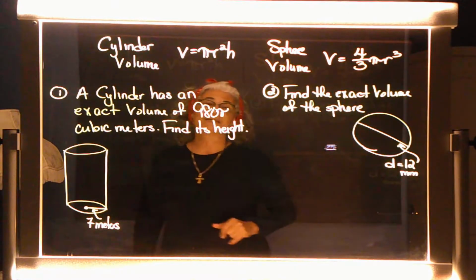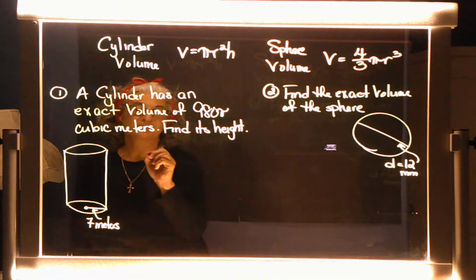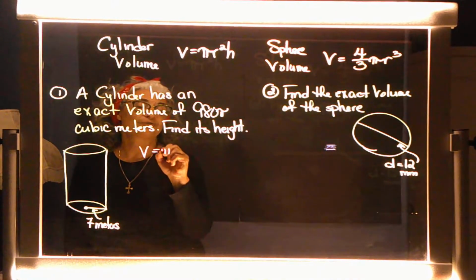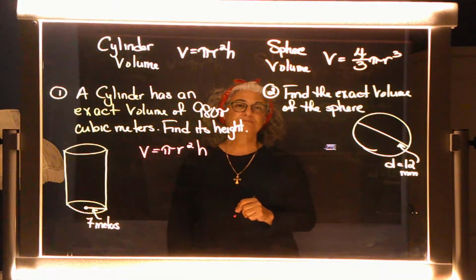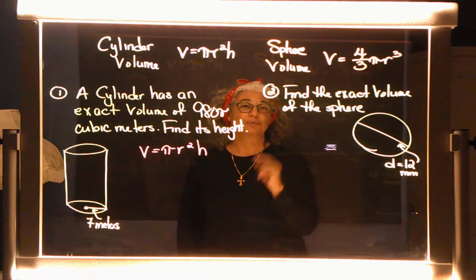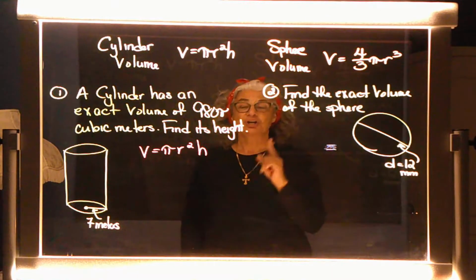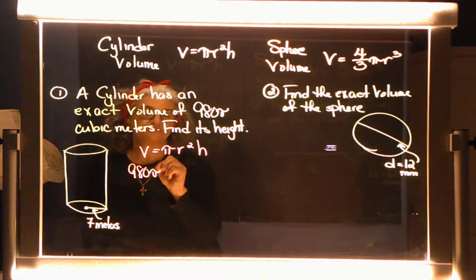Good, since we're talking about a cylinder, we're going to use the cylinder formula, which means the very first thing I'm going to write down is the formula for the cylinder. With me? Now, the one piece of information they gave me was the exact volume. What's the exact volume? Good, 980 pi.